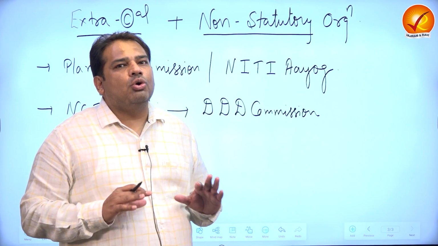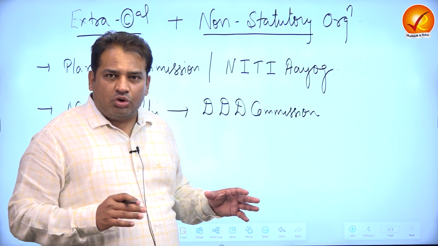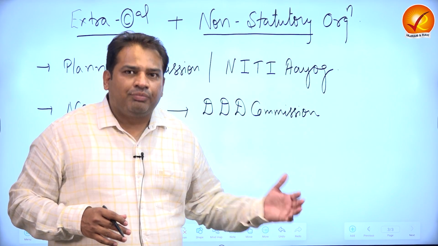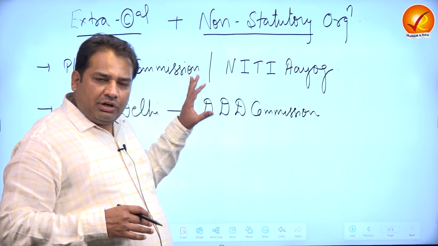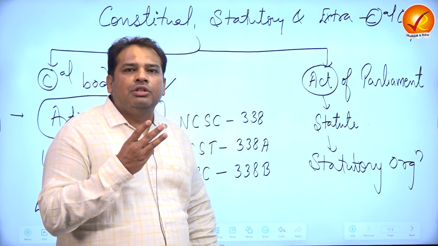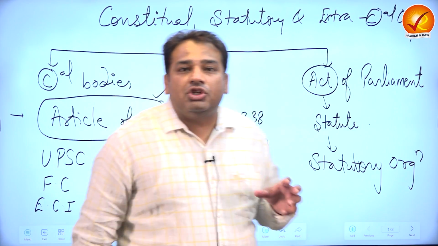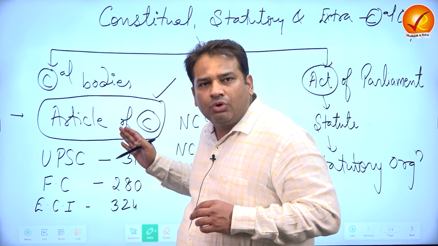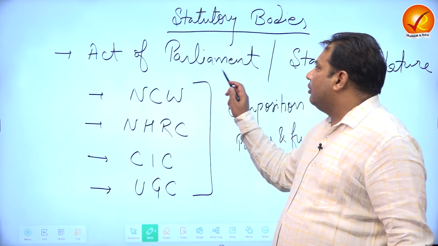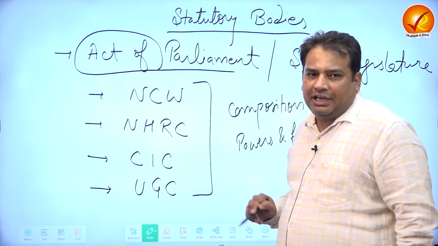Non-statutory means no law was passed by the legislature, and extra constitutional because they are not mentioned within the constitutional provisions. That's one of the traditional ways to classify an organization into three broad categories. A constitutional body, which is mentioned under an article of constitution. Then comes the statutory body, which is created by an act of parliament or state legislature.